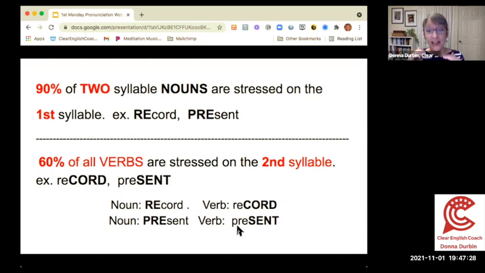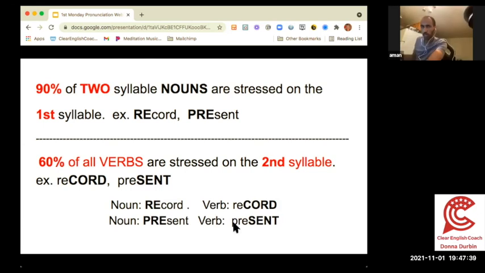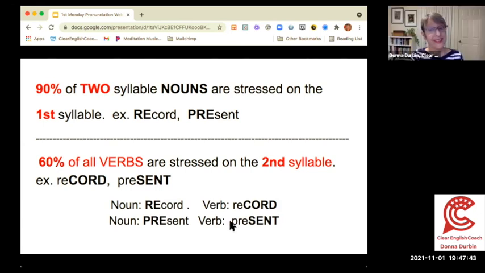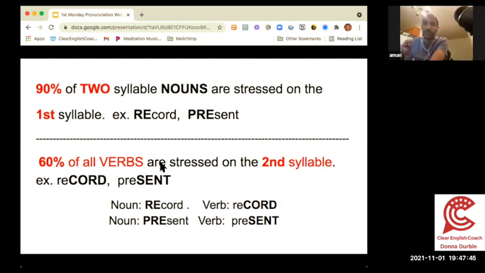This sound is the most used sound in English, and any vowel can be a schwa. Okay, questions? Could you repeat the present versus present?